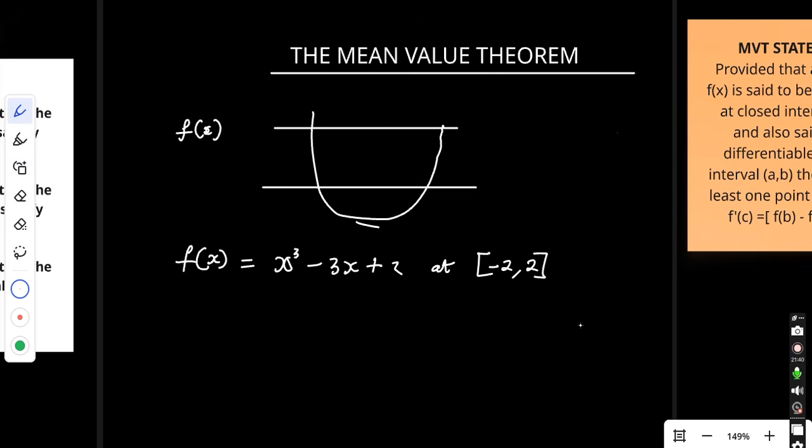All right, so I'm solving. We're going to have that f prime of c, the formula will come again, is equal to f of b minus f of a over b minus a.